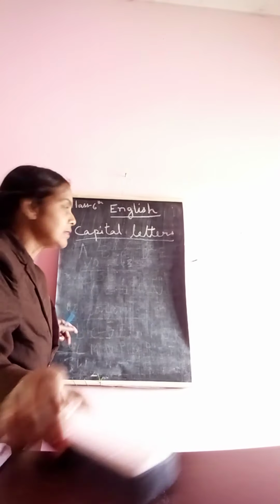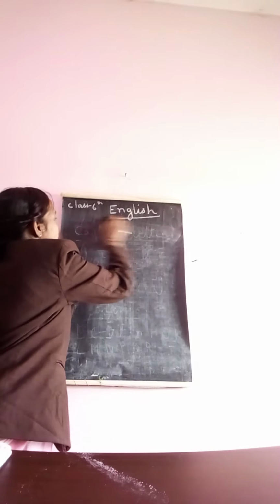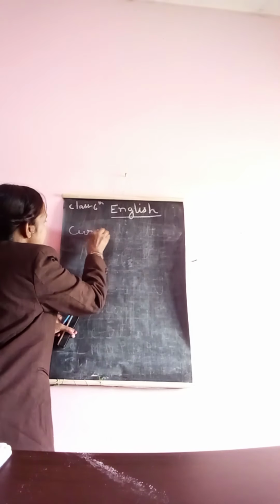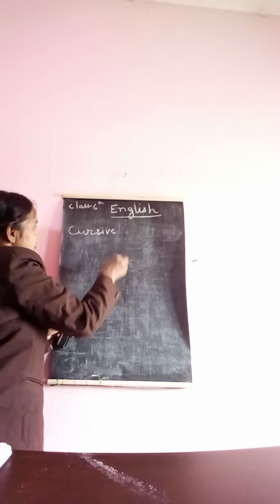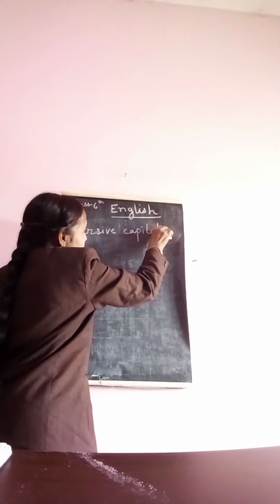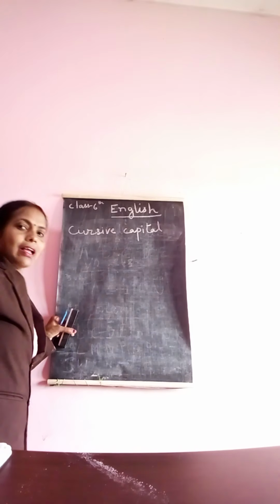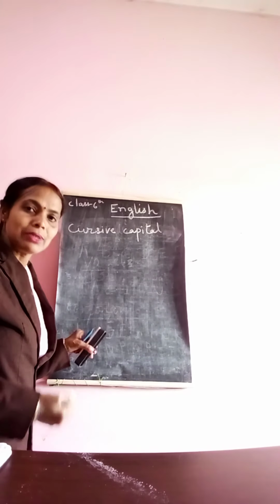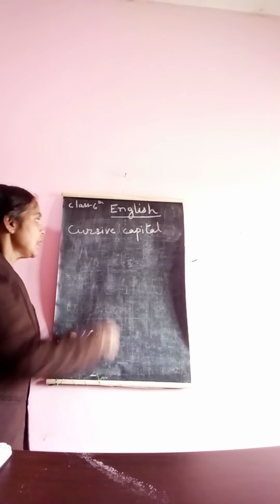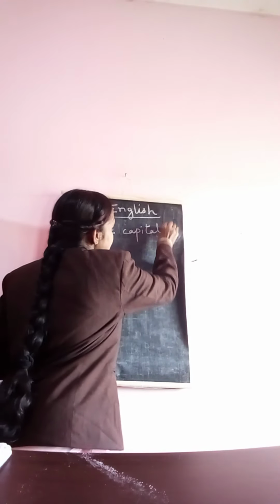Cursive capital letters. You know all this because we have learned it. I am just revising. I am doing a bridge course, so I am revising from the beginning. Okay, cursive capital letters.